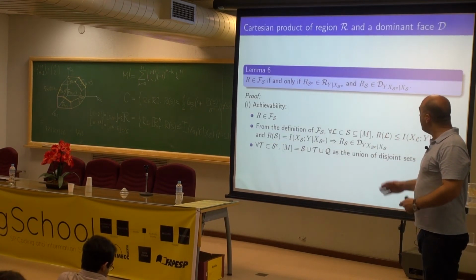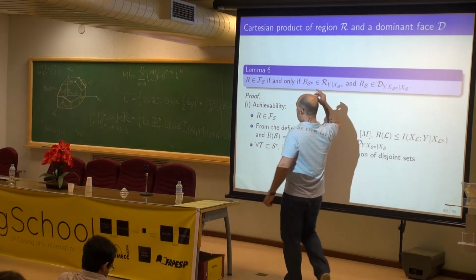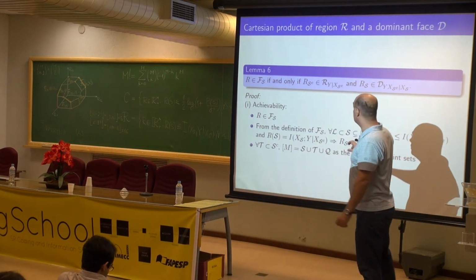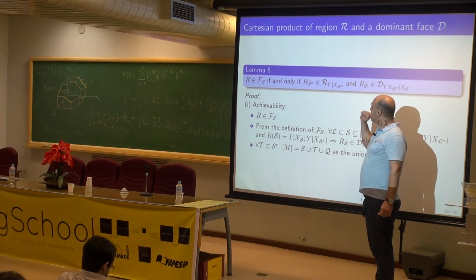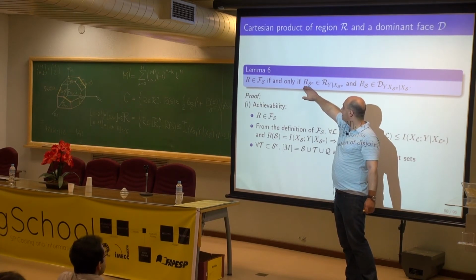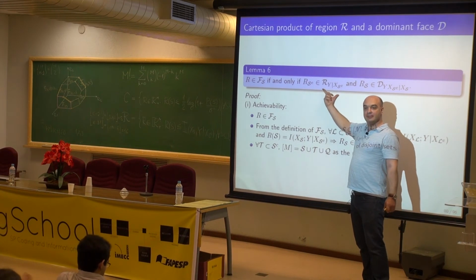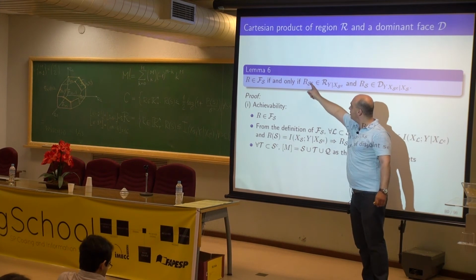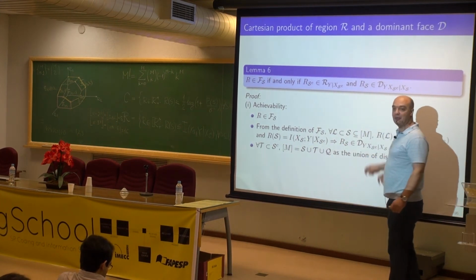And then we want to prove that all the rays belonging to a certain phase is equivalent to the rate of the complement set belonging to the region defined by this input, XSC, and the rate Rs is in the dominant phase.